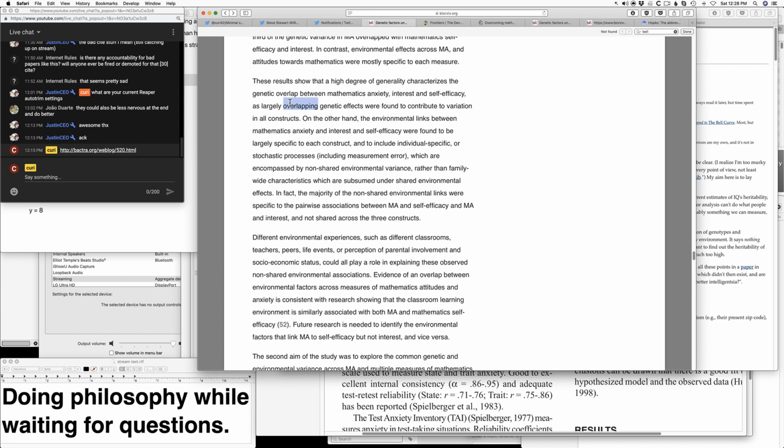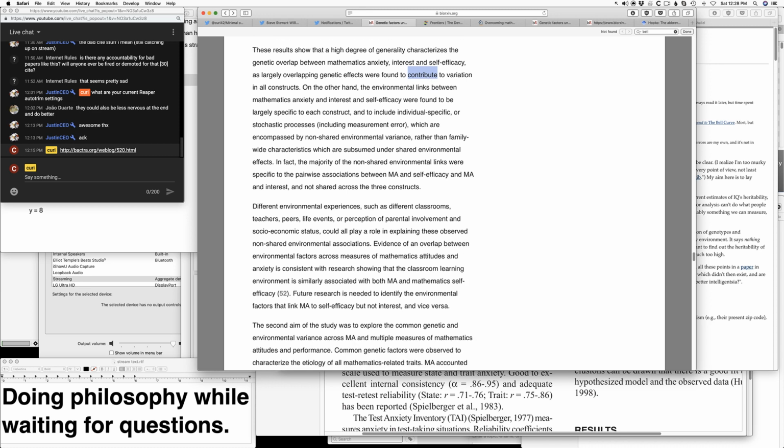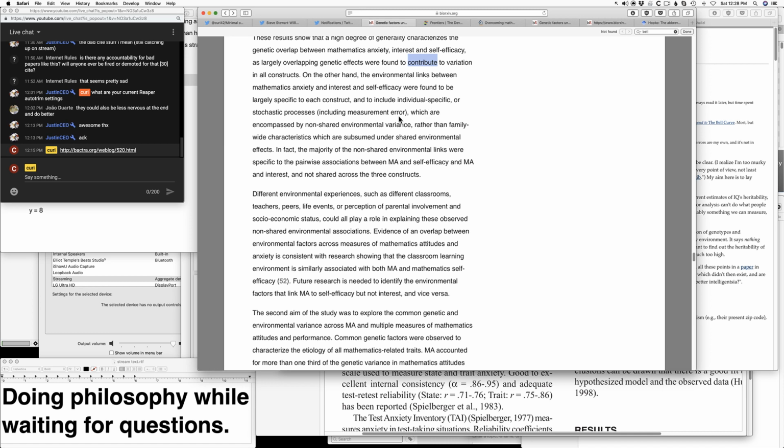I think it's just another word for referring to correlations. Contribute is another word that they use for correlation. They do so much to make it sound like there's causation, but they're just looking at correlations. And correlation does not imply causation, no matter what statistics you do.